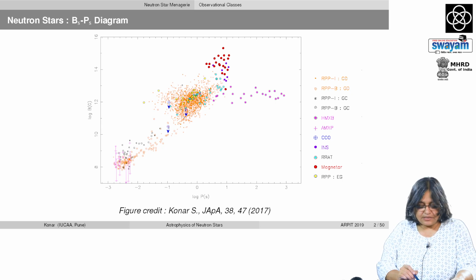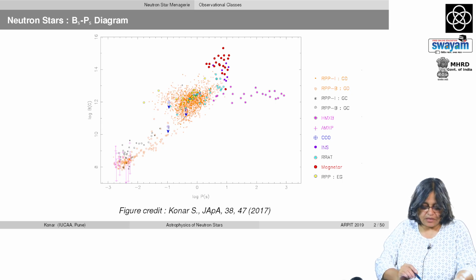Please note that these are not error bars, but they are limits on the magnetic field measured, or better to say estimated, using different methods. So, the magnetic field measurement in AMXPs is extremely uncertain, and that is signified by these huge uncertainty bars.